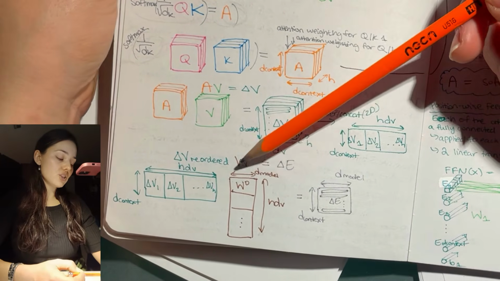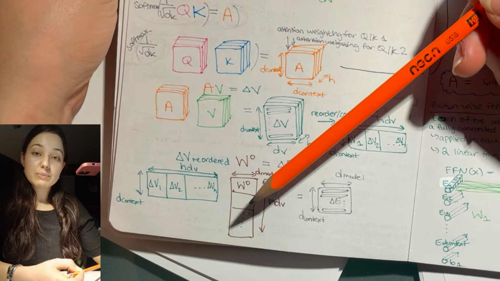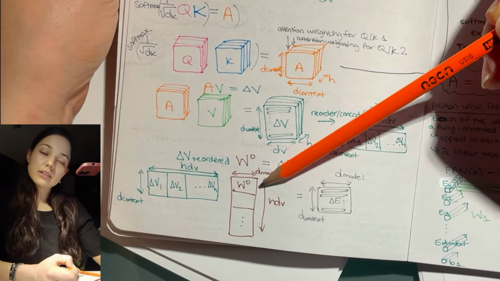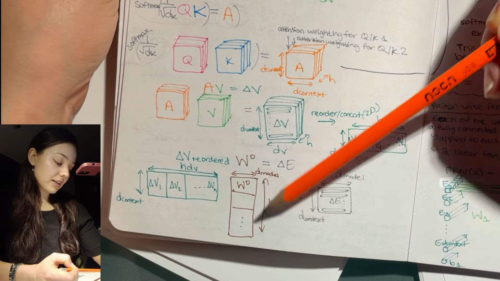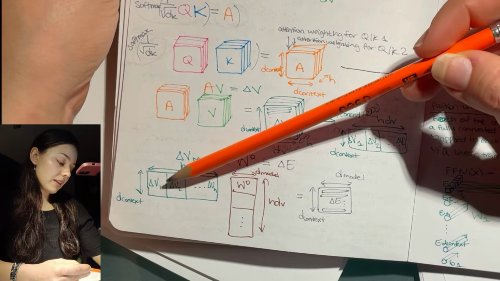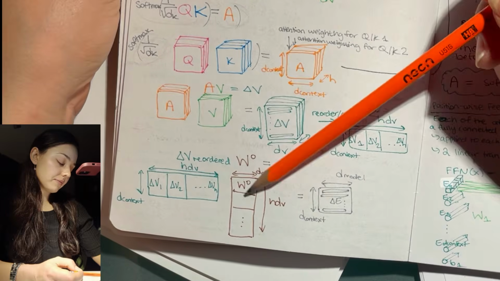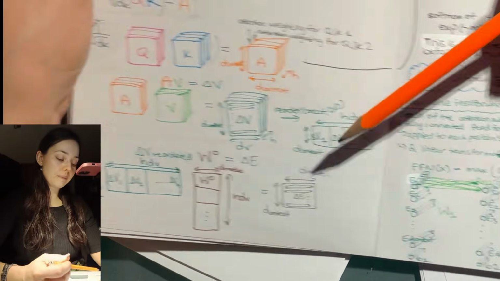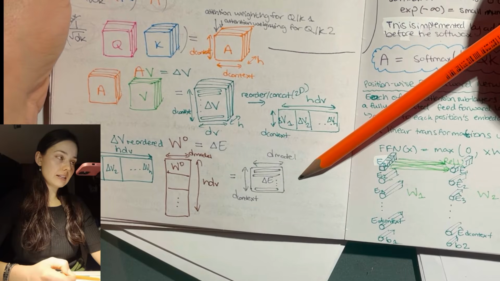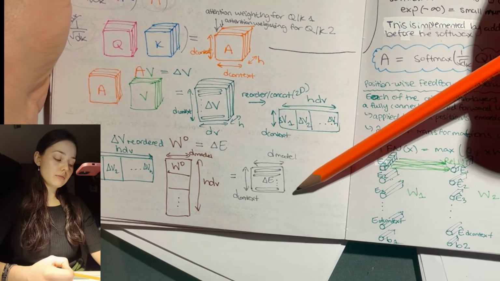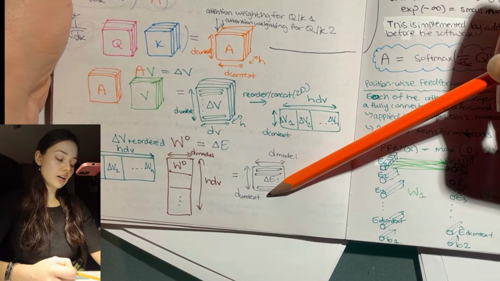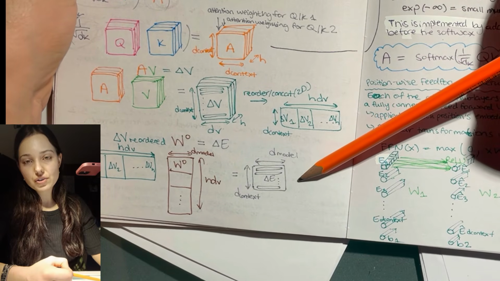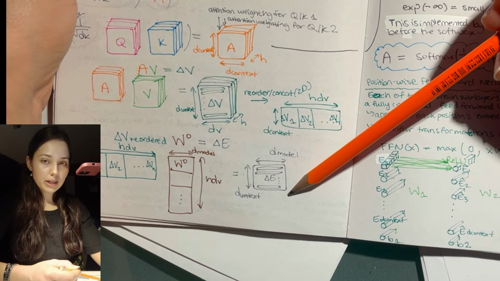Keep in mind that each W naught matrix is specific to each query and key pair, so we stack the W naught matrices as well, which transform the dV space into E space. Finally we get this one decontext by d-model matrix that corresponds to the linear transformation for each one of the word embeddings.